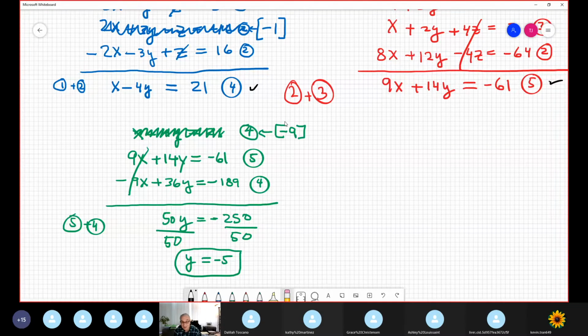I can select either, but I suppose equation 4, because the coefficients are smaller numbers. So x minus 4 times negative 5 is equal to 21. Substitute this negative 5 here, replace. This is 20.